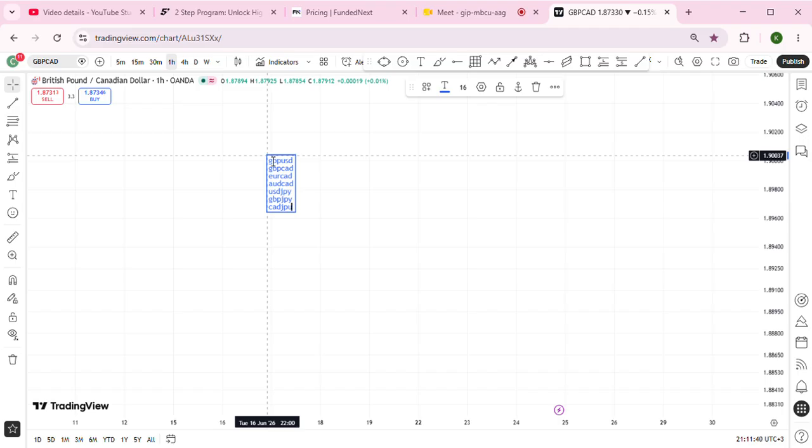Audi USD, USD CHF. How many are those? 1, 2, 3, 4, 5, 6, 7, 8, 9. There are 9. Which is the last one? I want one more. Euro USD. So make sure you write down these 10 pairs.